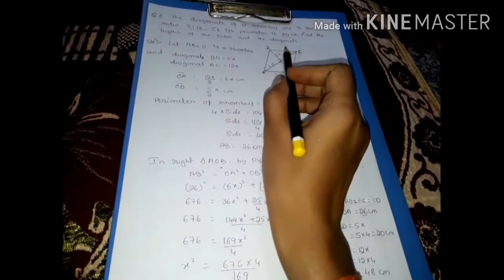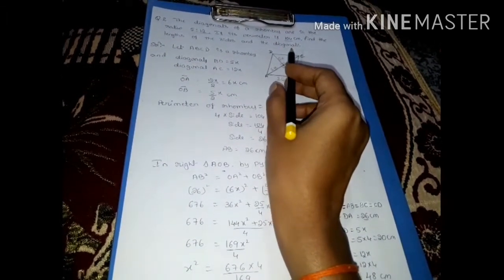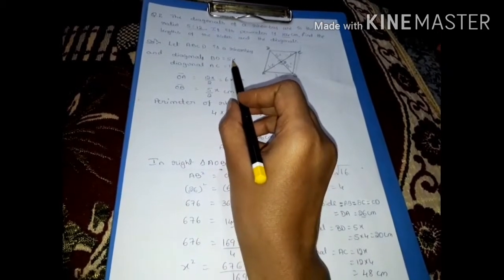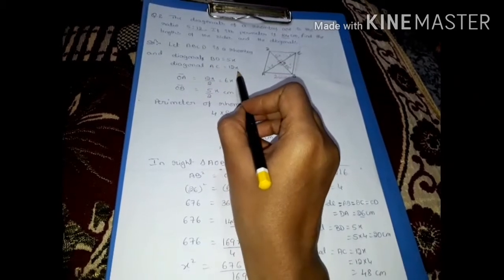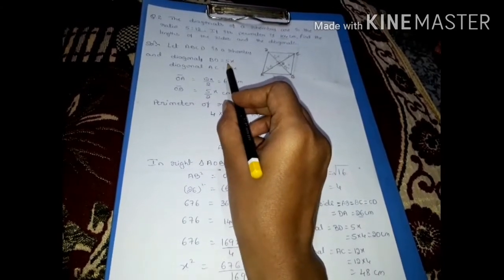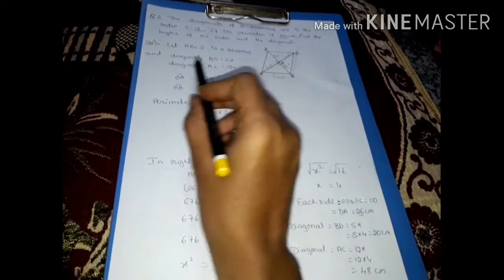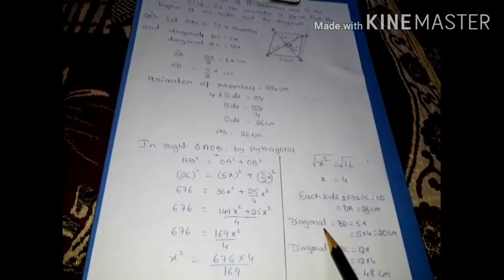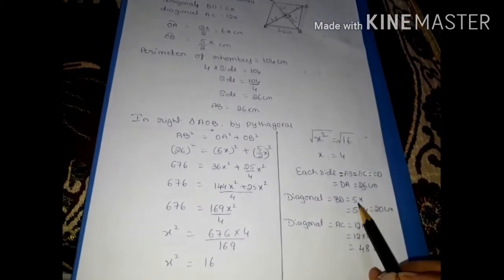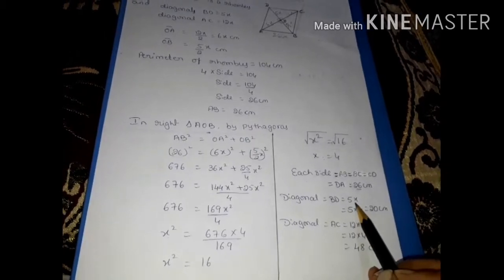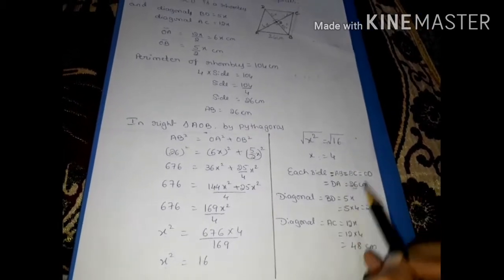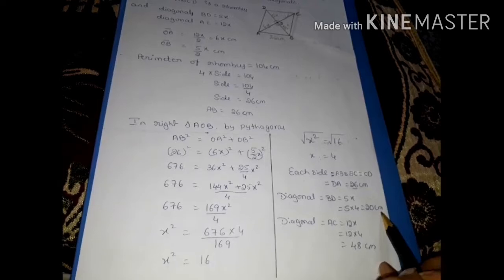Then next what you have to find? Diagonals length. To find this one we have to substitute the x value in the diagonals BD 5x and AC 12x. So diagonal BD equal to 5x, 5 into 4, x value we got here 4, 5 4s are 20 centimeter.